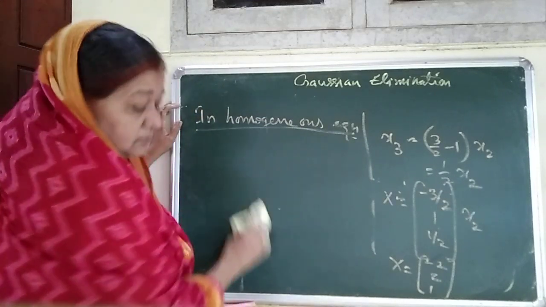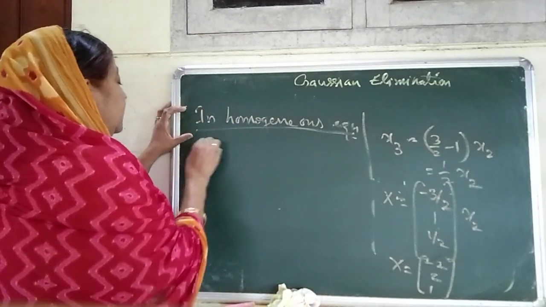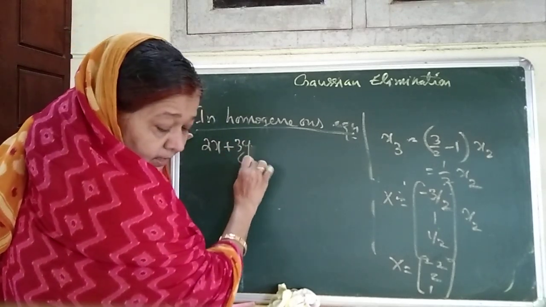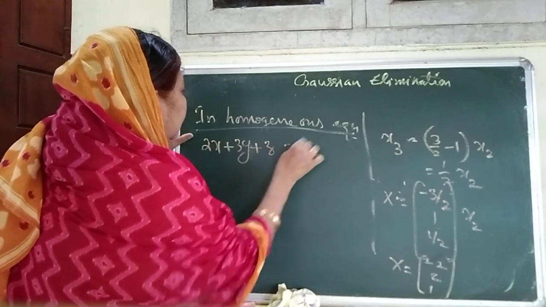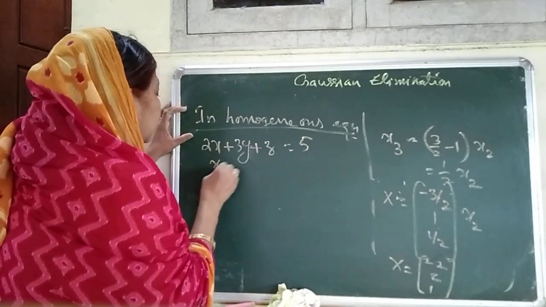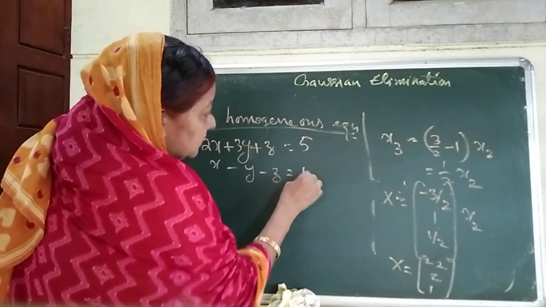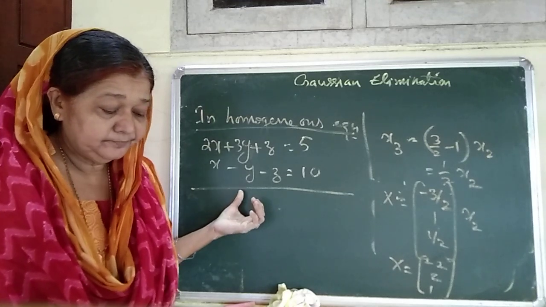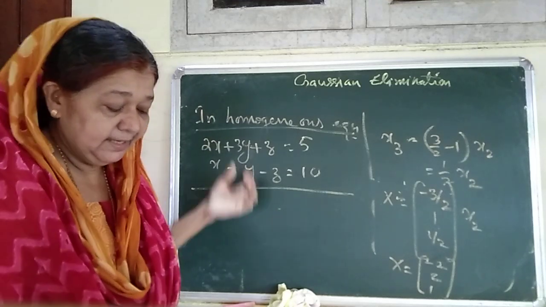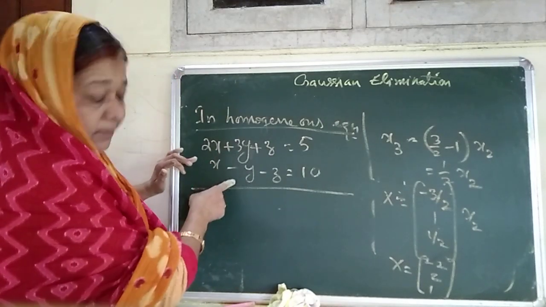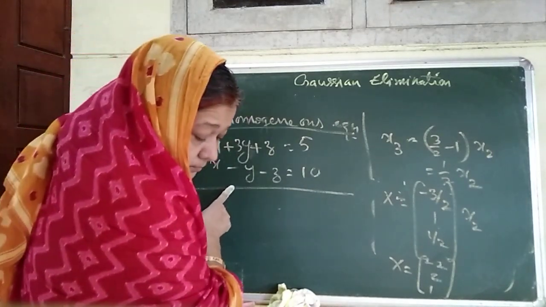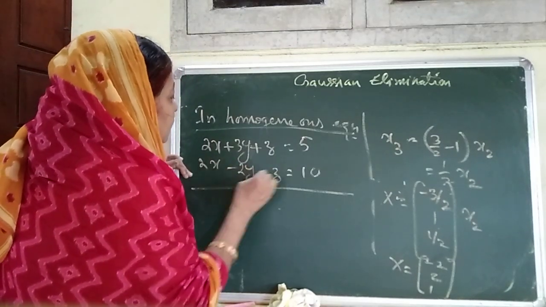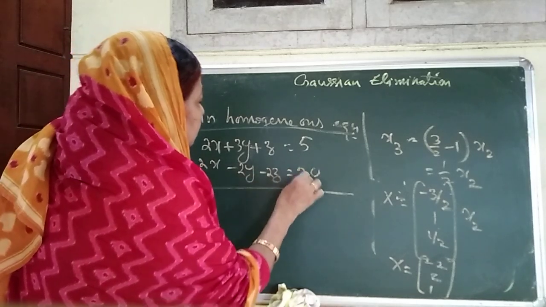One of the inhomogeneous equations may be, say, 2x plus 3y plus z equal to 5, and x minus y minus z equal to 10. It's an inhomogeneous equation. First of all, we can eliminate these variables. From the first equation, multiply this by 2, we get 2x minus 2y minus 2z equal to 2.